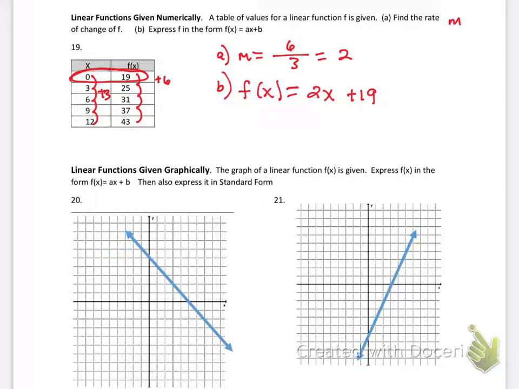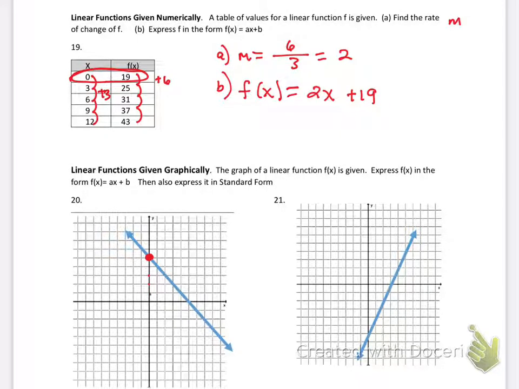Okay. This one says the graph is given, express f of x in the same form, and then also express it in standard form. So all I'm going to do is put it in y-intercept form and then just move x to the other side. So the initial value, 1, 2, 3, 4, 5, right?